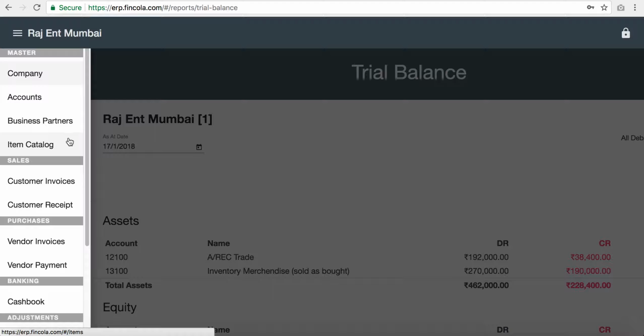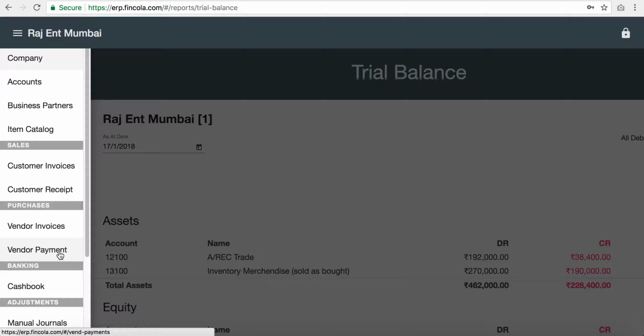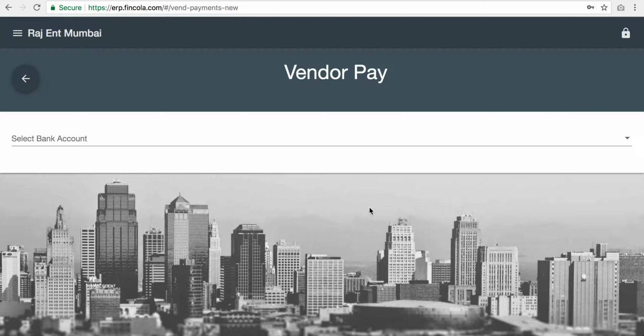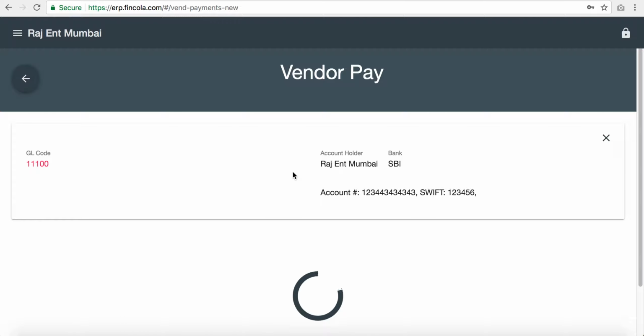Next, let's move on to vendor payments. We don't have any vendor payment right now, and since we had made some purchases, we will have to pay our vendor. So we select a bank account.